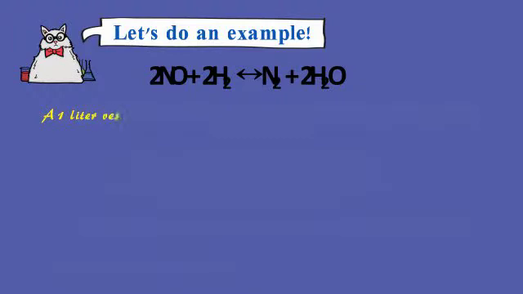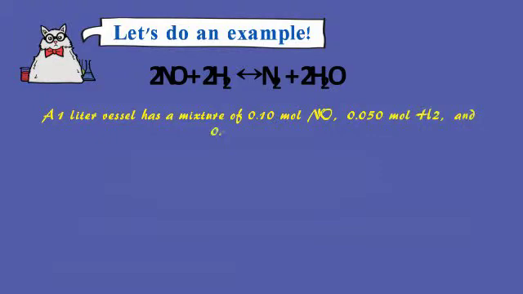So a 1 liter vessel contains a mixture of 0.10 moles of NO, 0.050 moles of H2, and 0.10 moles of H2O. You can figure out the molarity.